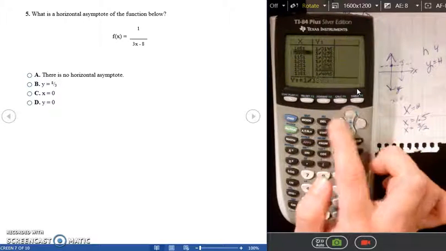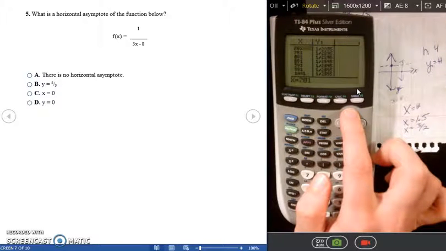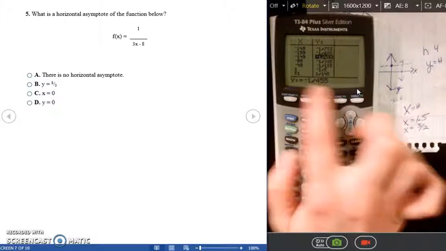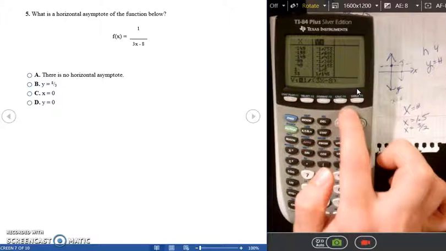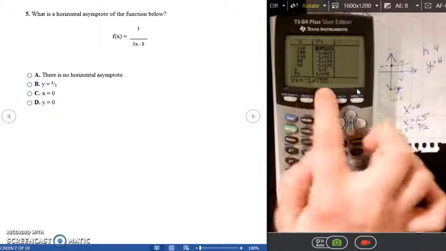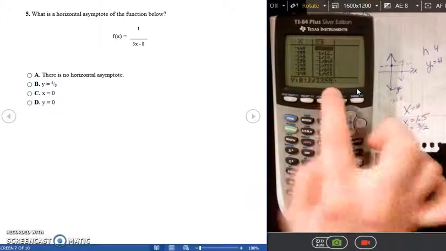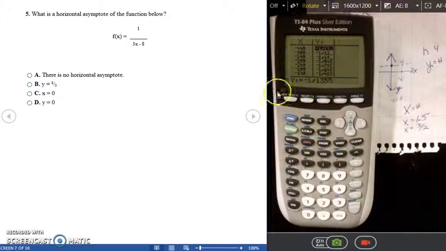And if I go down the y column, which I have to use the cursor on the x to scroll down, and I go to the negative numbers, I can see that it's getting smaller and smaller, or closer and closer to 0, but it never actually touches 0. So that tells me that the horizontal asymptote is 0, and that means y equals 0 is going to be my final answer, which is D.